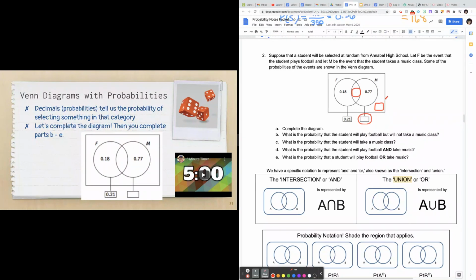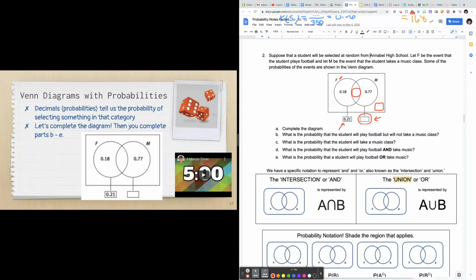Okay, so first things first is whenever you see a little box like these outside of a Venn diagram, but connected to the individual circles, that's just meant to tell you what the total probability is, or maybe what the total number is in that whole category.